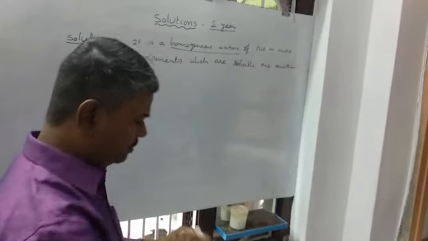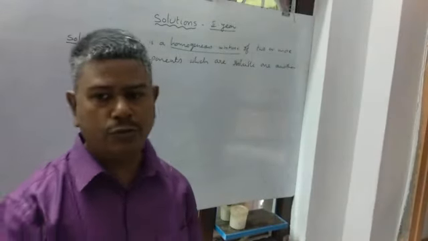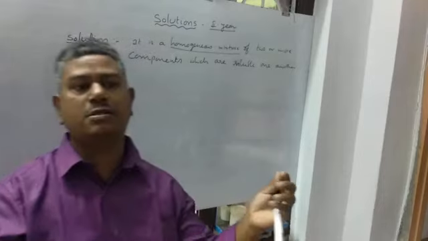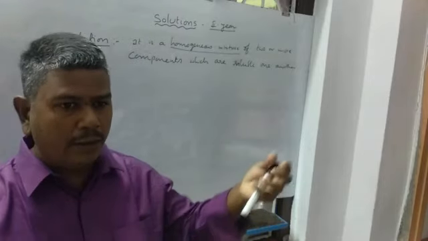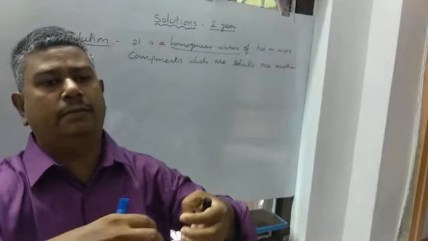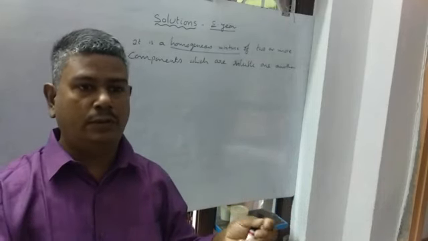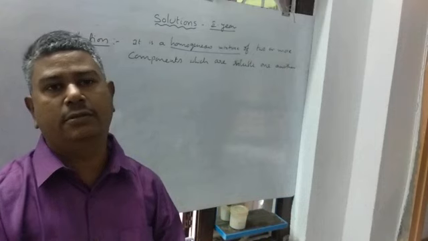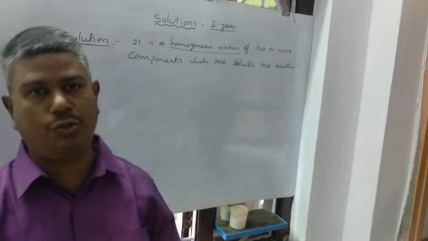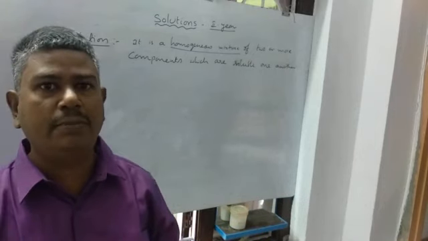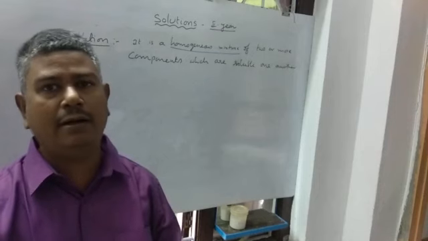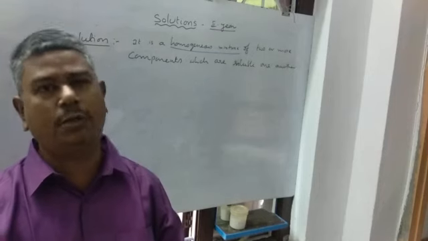Homogeneous mixture means if two substances are miscibly combined or dissolved in one another, then those are said to be a solution. So a solution can have binary or more than two components.